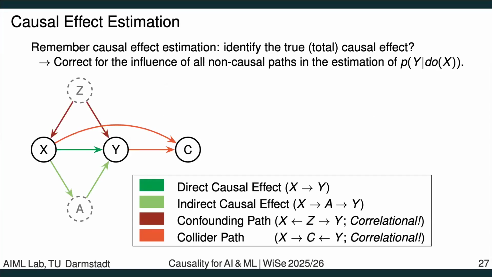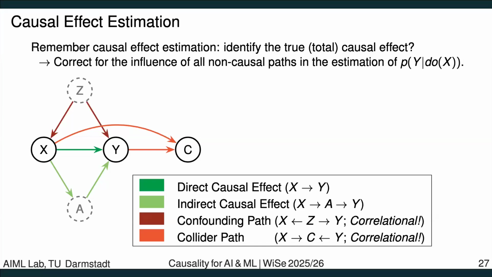And just as a reminder, of course it can be much more complex, but common things that you encounter might be either confounding paths, so this set variable that confounds x and y.